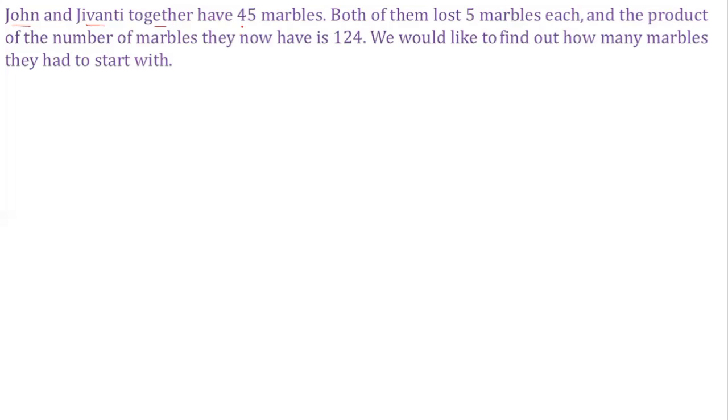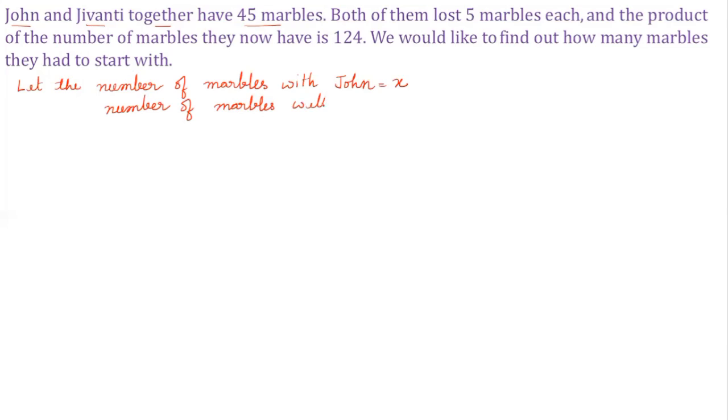Now we don't know the number of marbles with John and Jivanti. Together they have 45 marbles. So let the number of marbles with John be x, and we don't know the number of marbles with Jivanti either, so let the number of marbles with Jivanti be y.